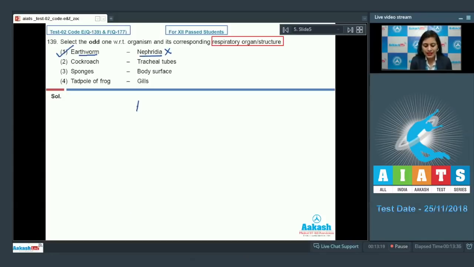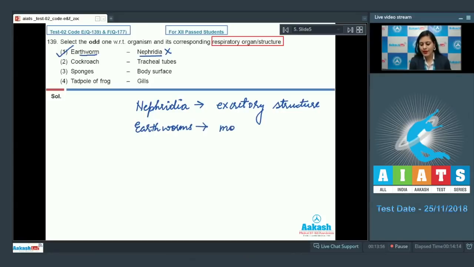Why? Because nephridia is an excretory structure rather than a respiratory structure. These earthworms or annelids, they respire through moist cuticle.